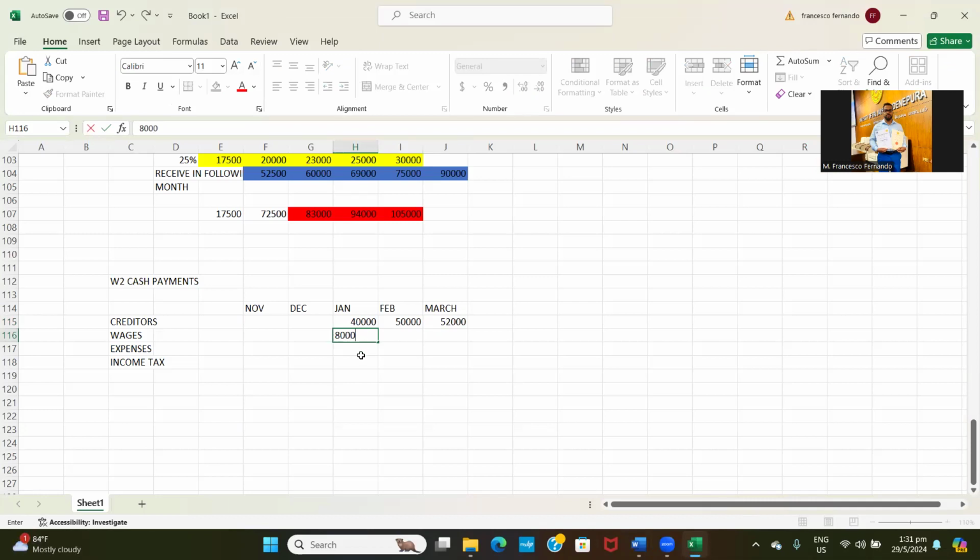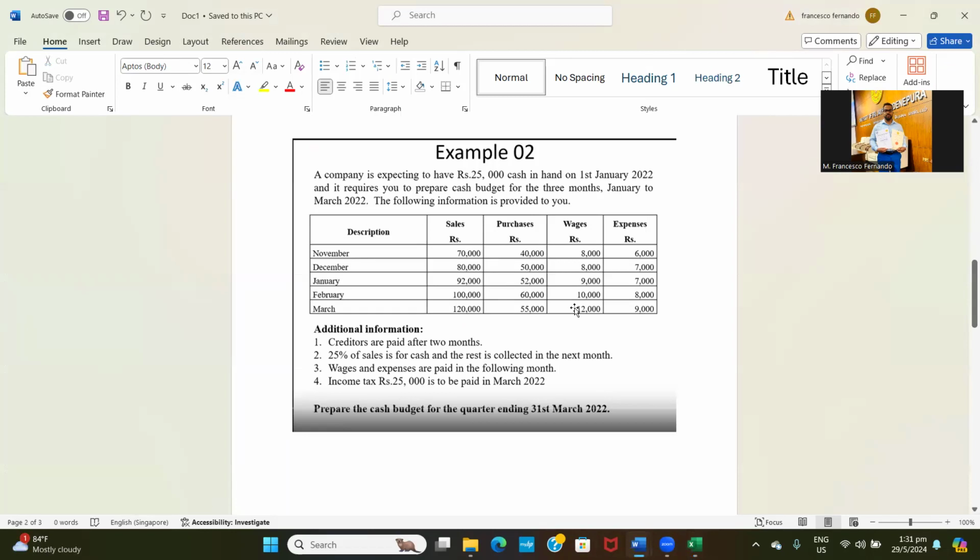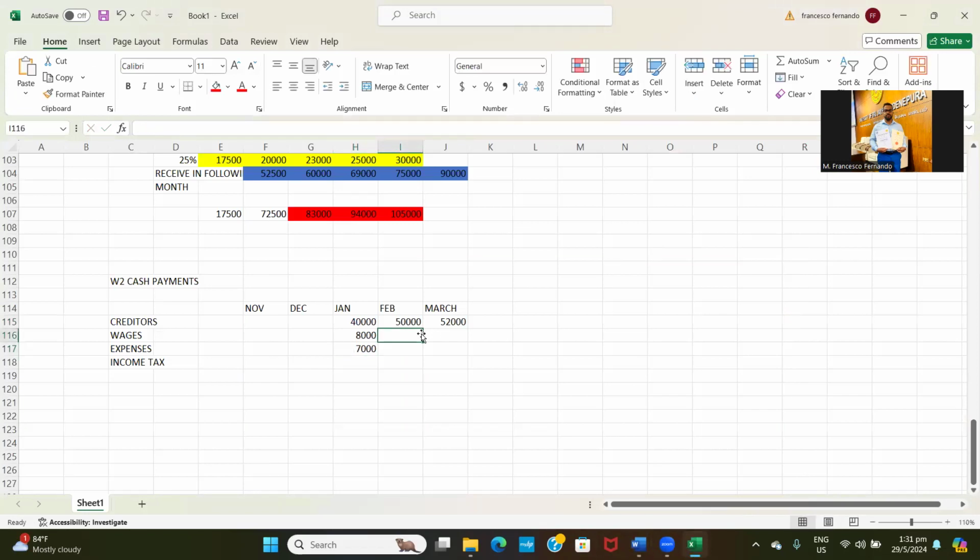These are the expenses of December, right? Then if we move to January wages and expenses, 9,000 and 7,000 will be paid in the following month. It means in February. So here 9,000 and 7,000.